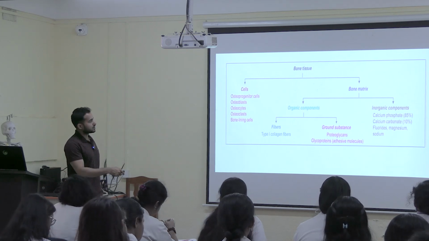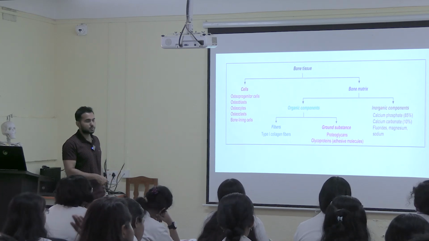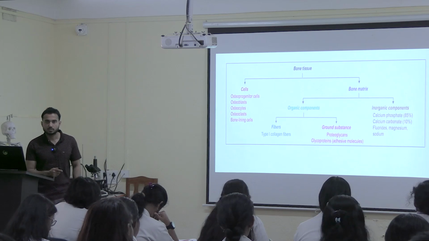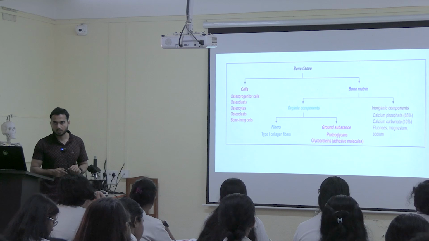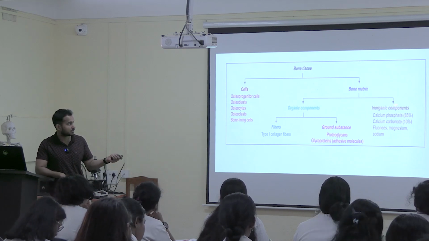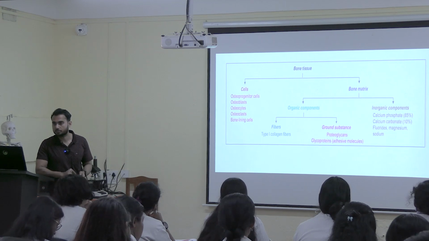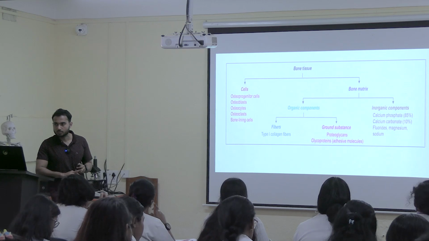Now what are the calcium salts present? As you can see, calcium phosphate, calcium carbonate, fluorides, magnesium, sodium, etc. Okay. These are the inorganic part which is present in the ground substance of the bone. Okay, and this is the modification which is done in the ground substance of the bone. That's why bone is a specialized connective tissue. Okay.